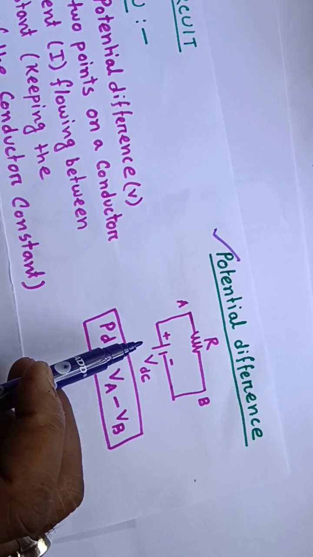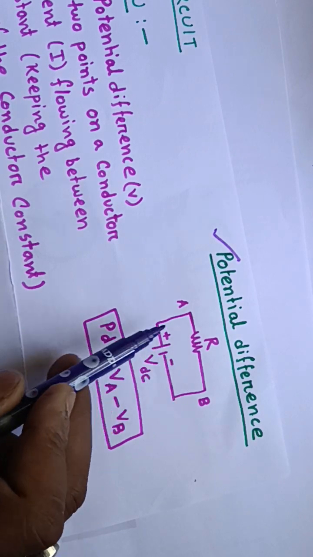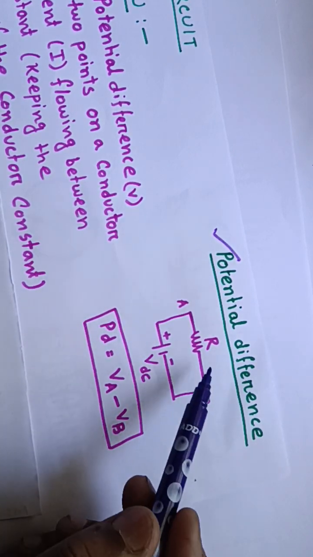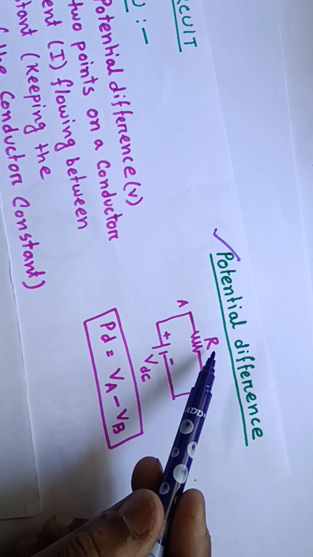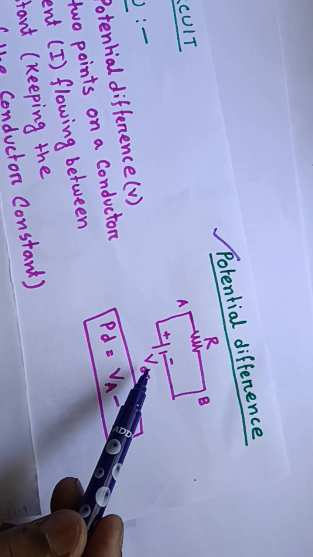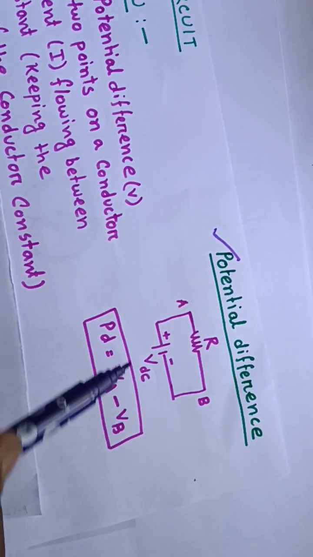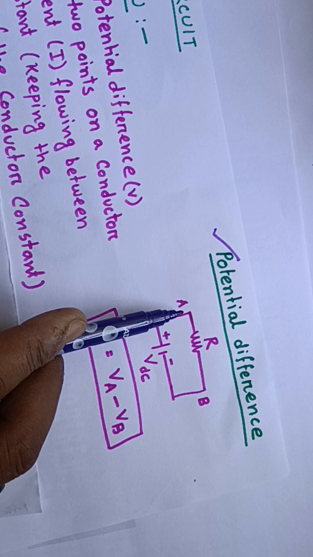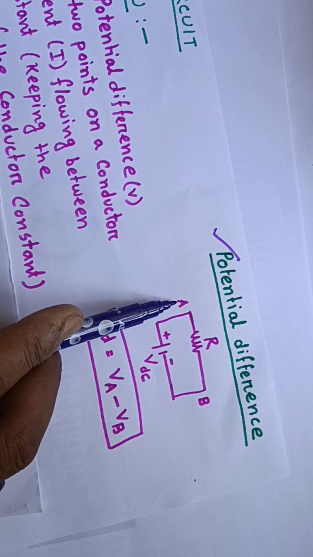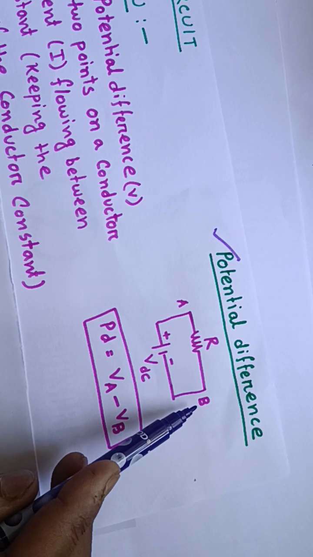To understand the concept of potential difference, let us consider a simple electrical circuit having a resistor, denoted by capital R, and a battery, right? Obviously it is a DC source. And we consider there are two edges of the circuit. The first one is considered as A, the other one is considered as B, right?